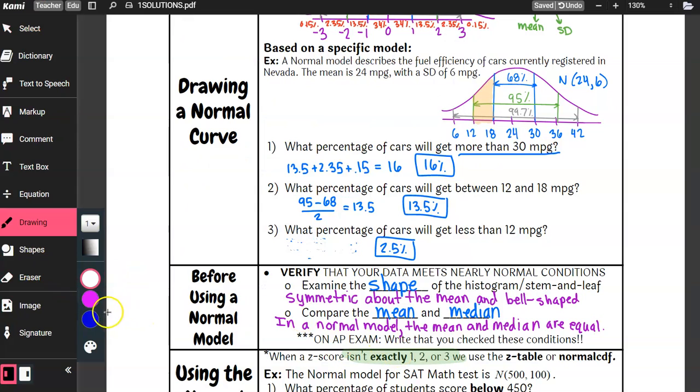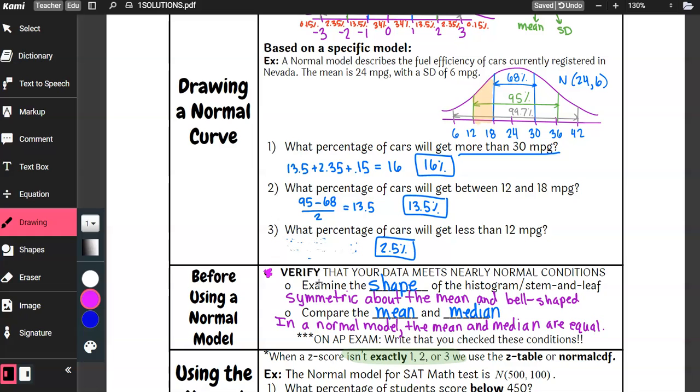All right, and if we continue with our notes here, we are done with the example. Now it says, before using a normal model, you want to verify that your data meets the nearly normal model conditions. So examine the shape of the histograms and stem and leaf plots.